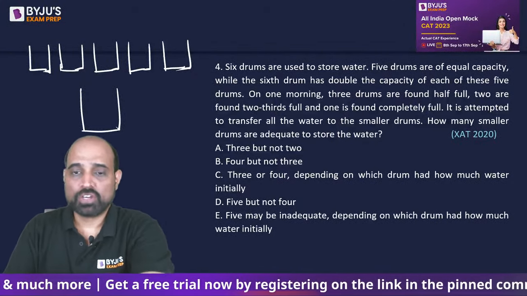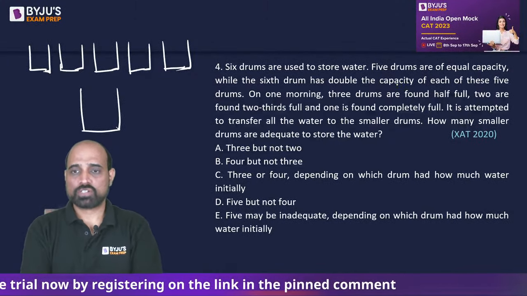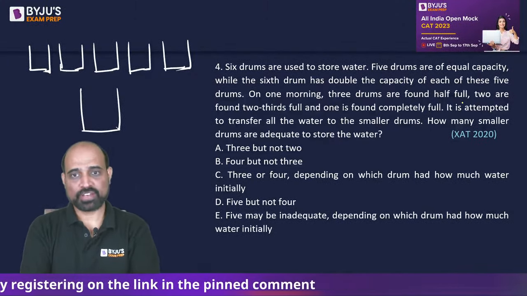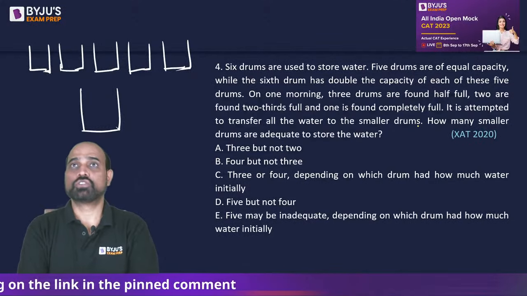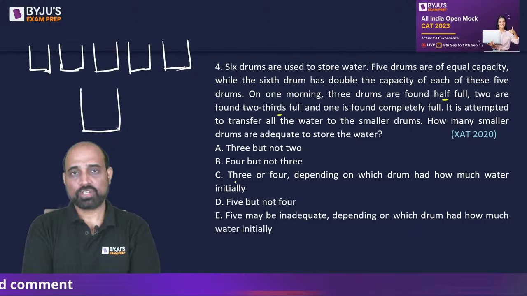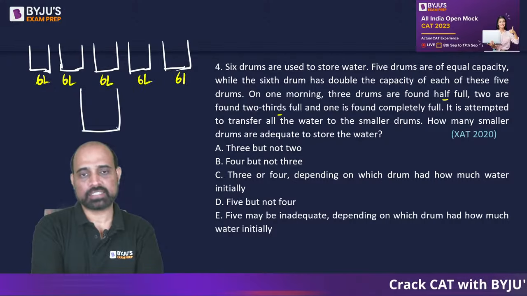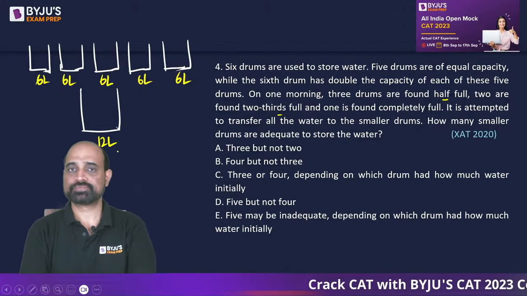Okay, hold on. So it says half and 2/3. So the denominators are 2 and 3. So I'll take this as 6 liters, 6 liters, 6 liters, 6 liters, 6 liters, and this one as 12 liters.